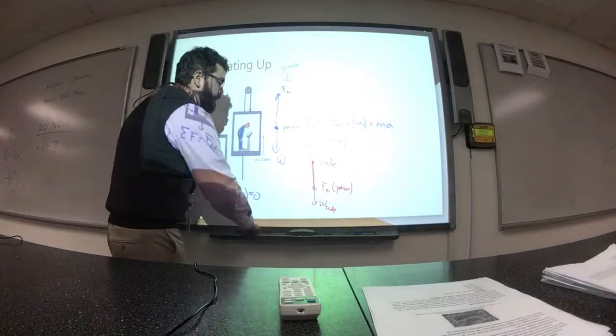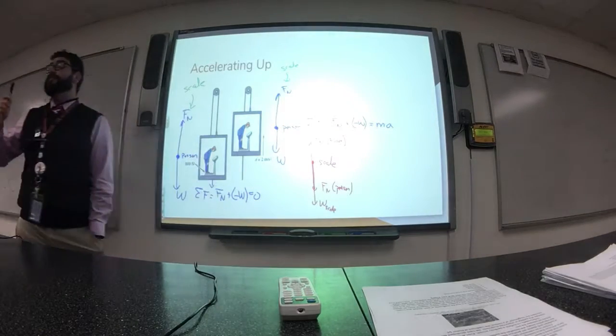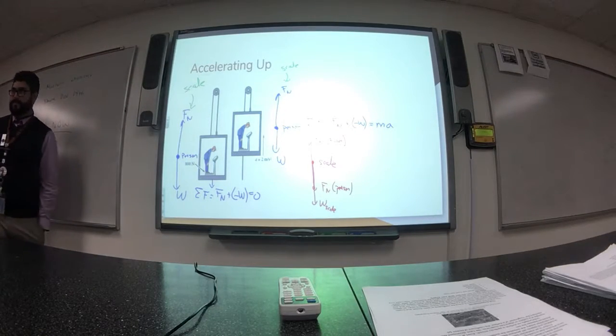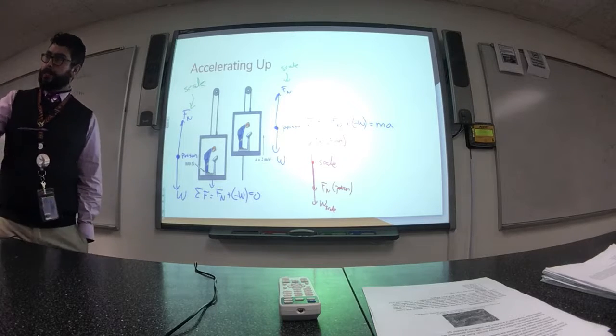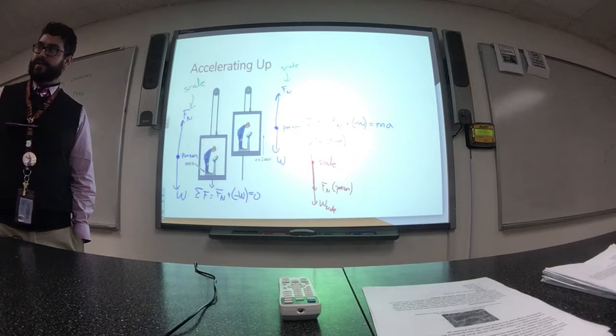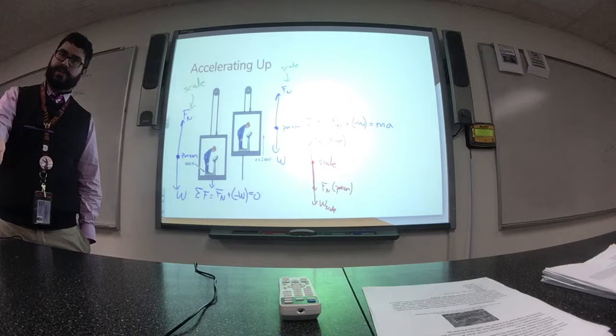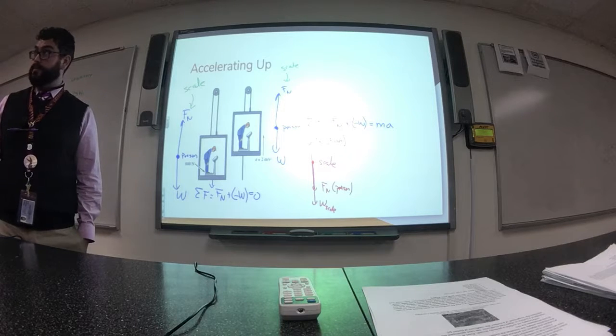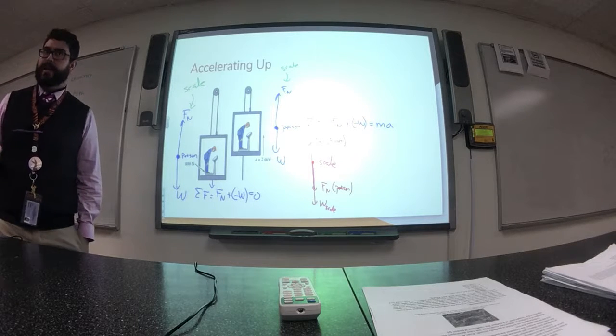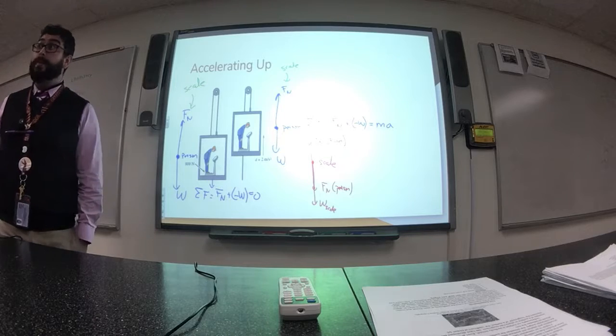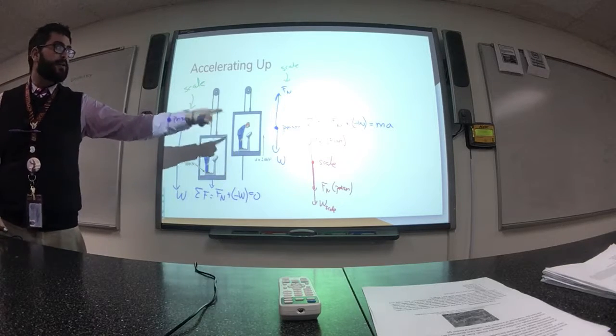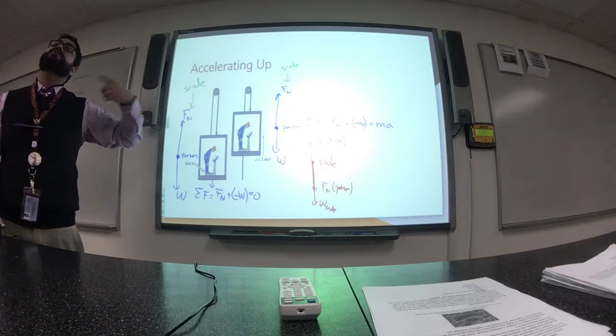Well, it turns out the number the scale gives you measures your interaction with the scale. Does that make sense? You step on it, it measures how much you are stepping on it. What force here represents how much you are stepping on it?